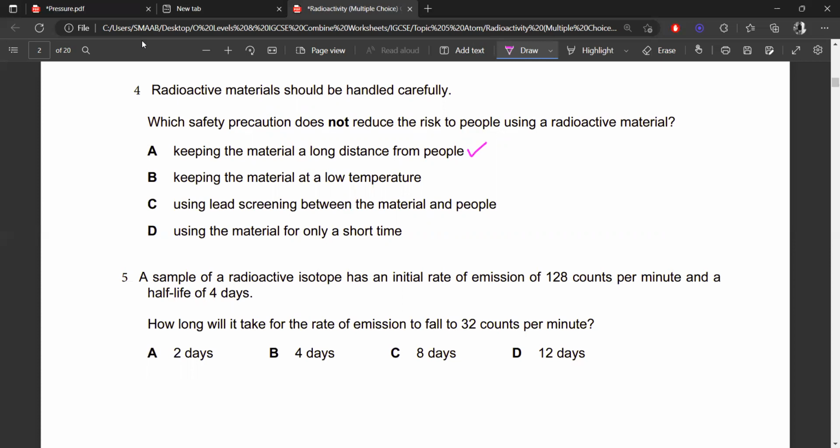And keeping the material at low temperature. Remember, when we write the definition of radioactivity, at the start we write spontaneous emission. Spontaneous means there is no external effect of temperature and pressure, right?